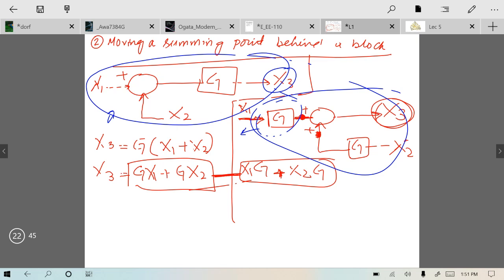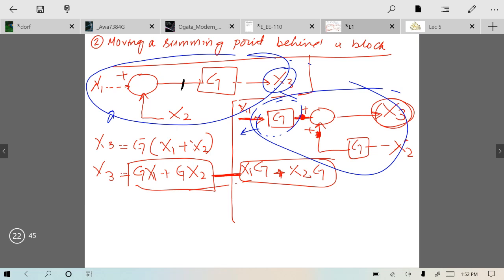In this diagram, your x3 is equal to G multiplied by something over here. What was that something? It was basically x2 plus x1. So x3 is equal to Gx1 plus Gx2.